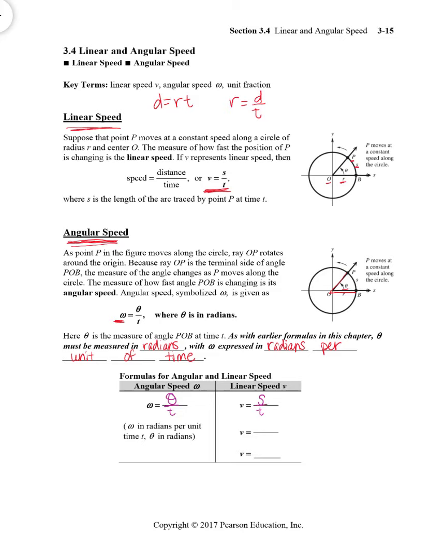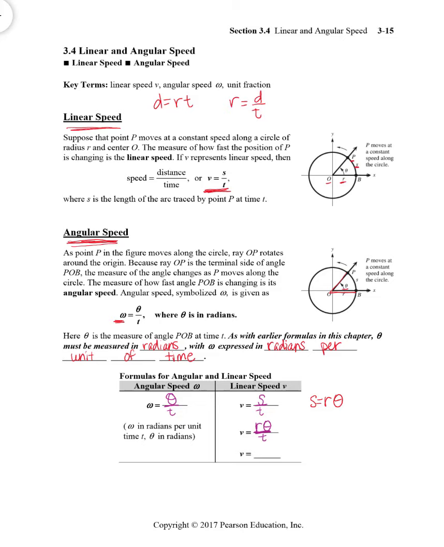Well, do you remember the formula that we used in the previous sections? S is equal to r theta. Well, then we could write the linear speed in terms of r and theta. So this would be r times theta over t, just replacing the s with r theta.